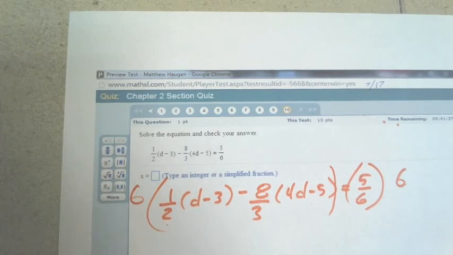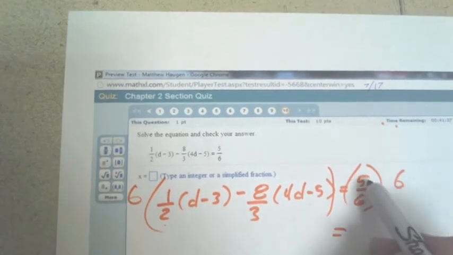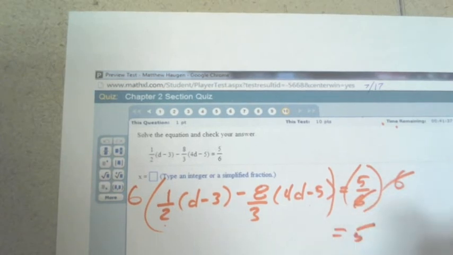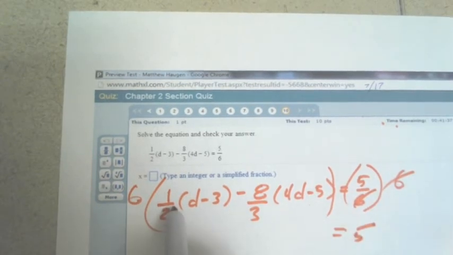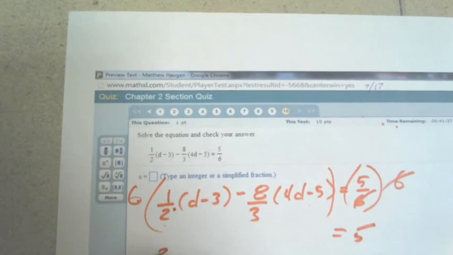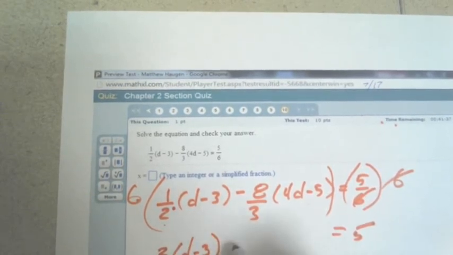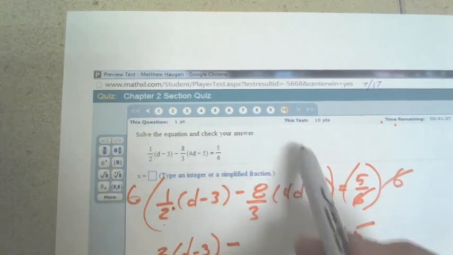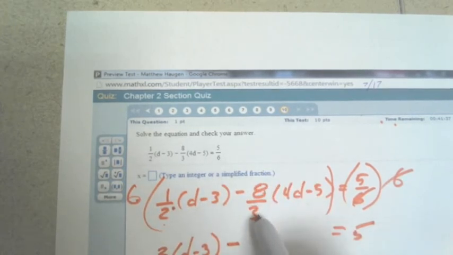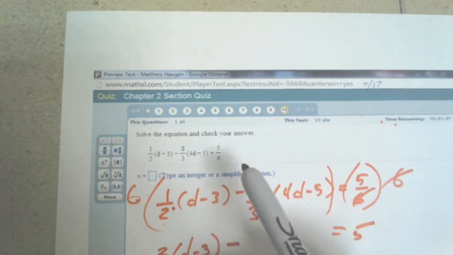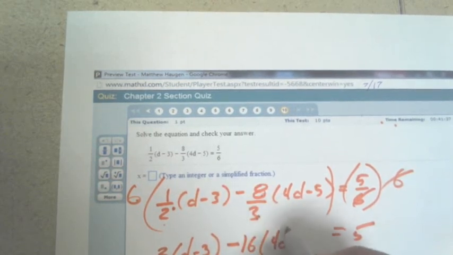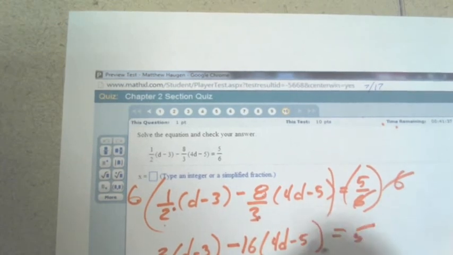But if we multiply everything by 6, this 6 times 6, the 6s cancel, give me a 5. 6 times the 1/2 will give me a 3 times the d minus 3. The 6 times the 8/3, the 3 will divide into the 6, leaving a 2, times 8 is a 16, times 4d minus 5.